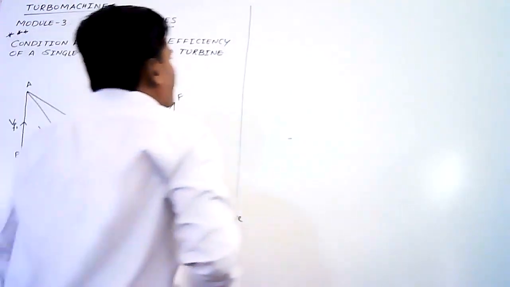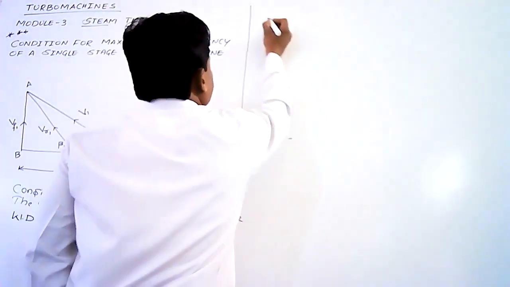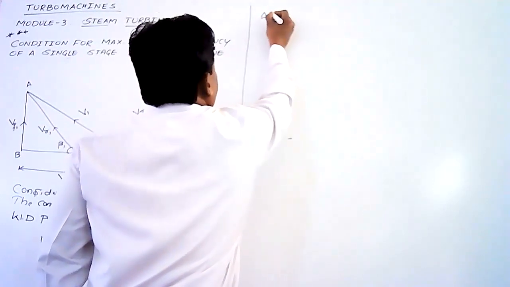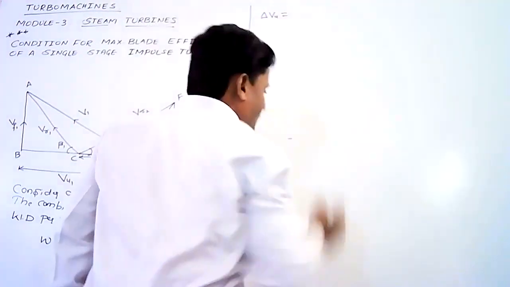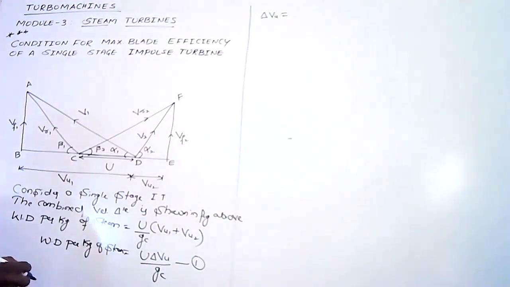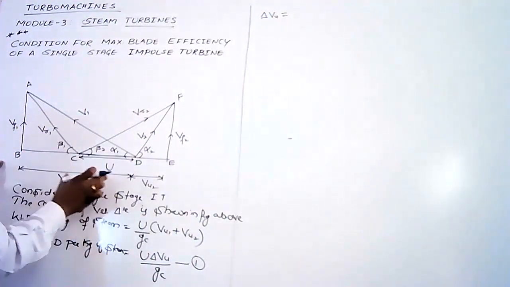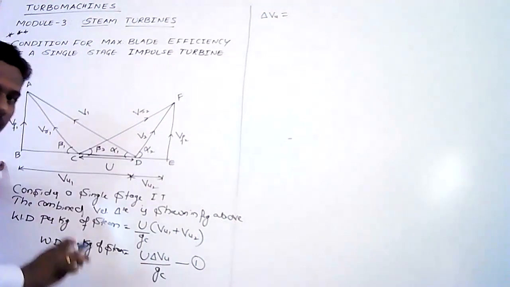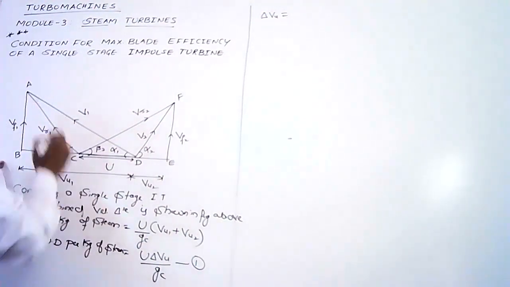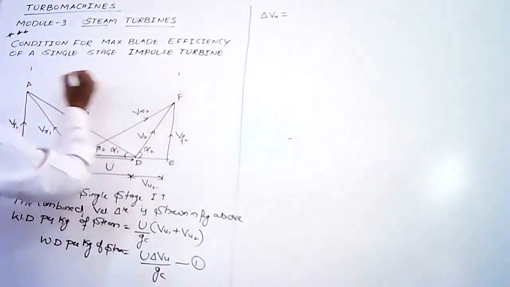Okay. Now we know that delta Vu equals to the algebraic sum of Vu1 and Vu2. The algebraic sum of Vu1 and Vu2 is nothing but delta Vu.